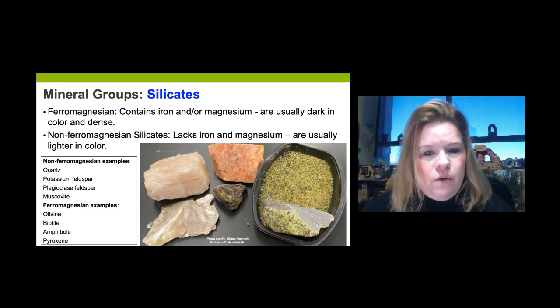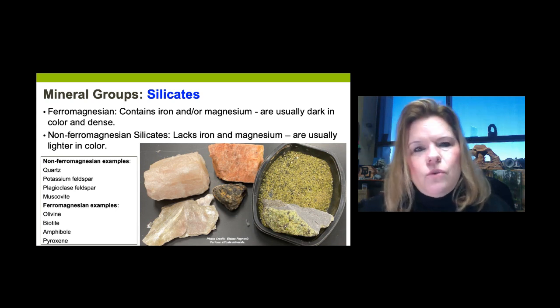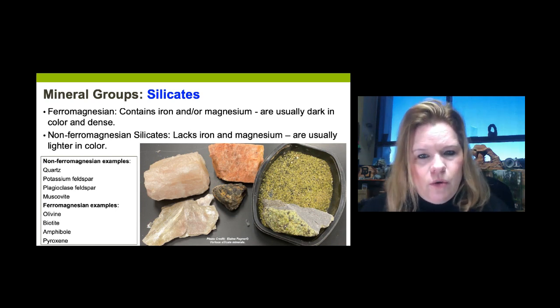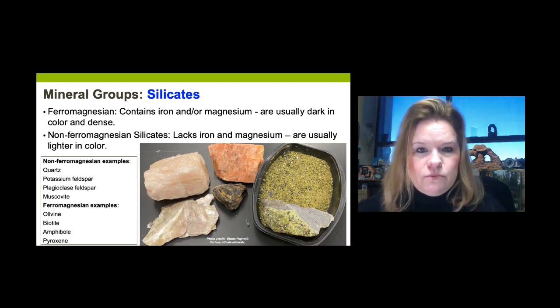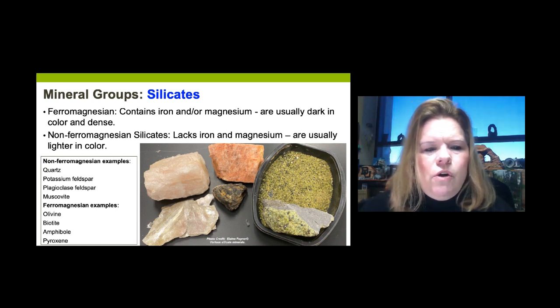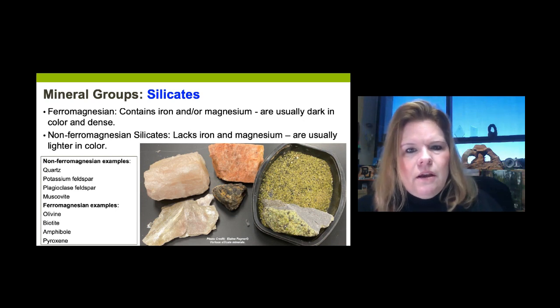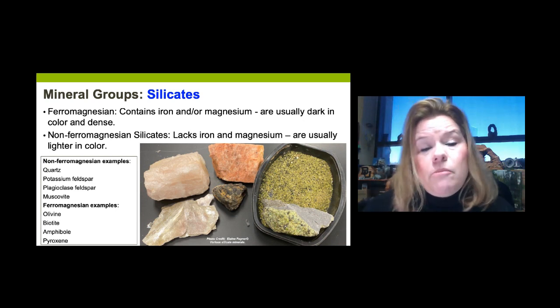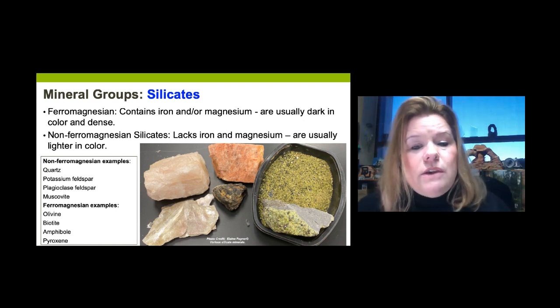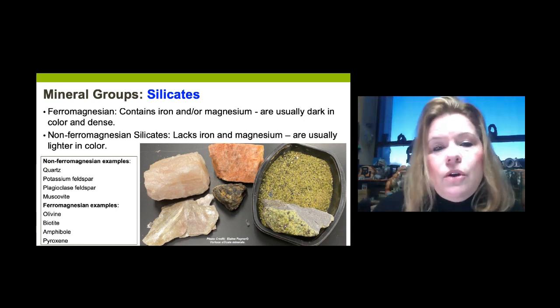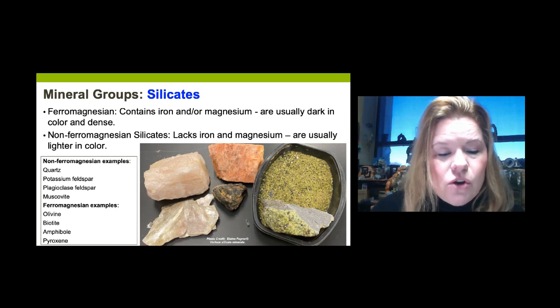Those that are ferro have iron and/or magnesium. So ferromagnesian tend to be darker in color and more dense than non-ferromagnesian silicates. The non-ferro lack the iron and magnesium and are usually lighter in color.